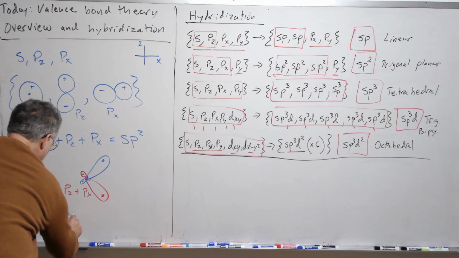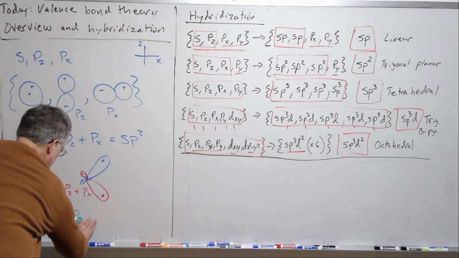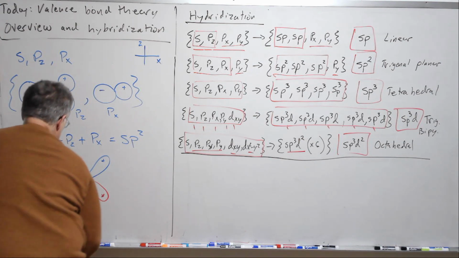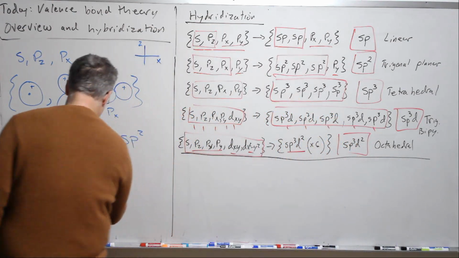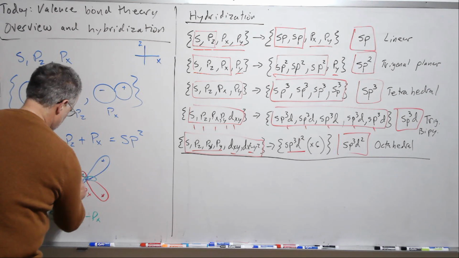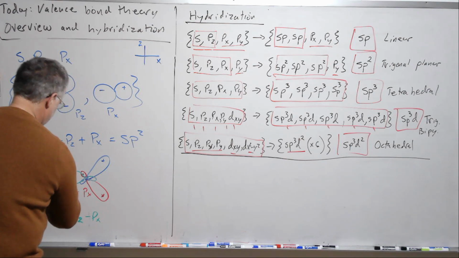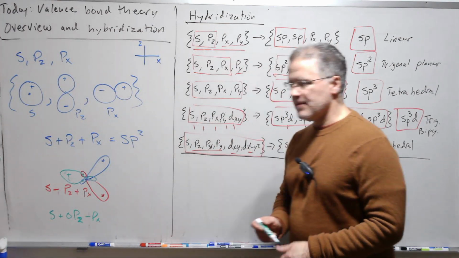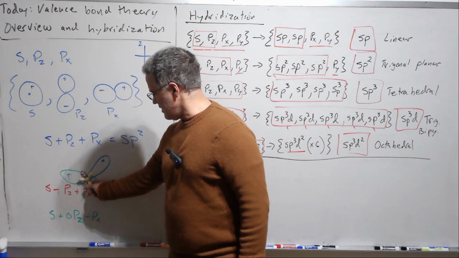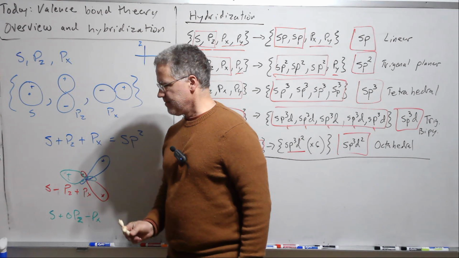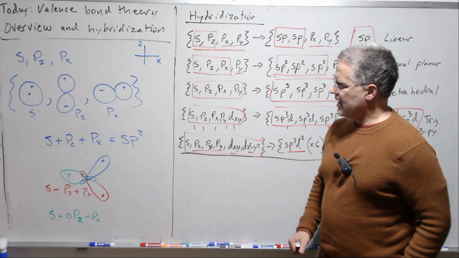S plus 0 PY, or PZ, sorry, PZ, minus PX. Okay. And what's that going to look like? That's going to look like this. And so that gives us the correct hybridization for this sp2 hybridizing.